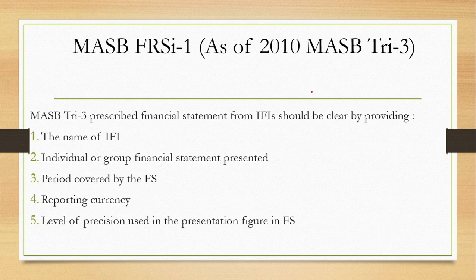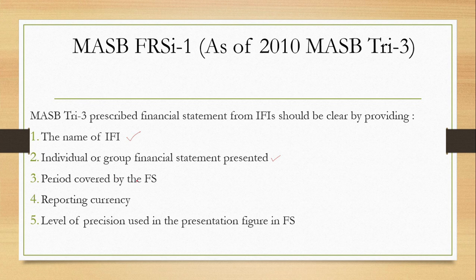Besides that, standard ni juga dah ada prescribe kan lah financial statement untuk IFIs ataupun untuk company tadi tu. Dia kena stated kan the name of the IFIs, contoh CIMB Islamic Bank. Dia punya individuals or group financial statement presented, dia kena provide juga.